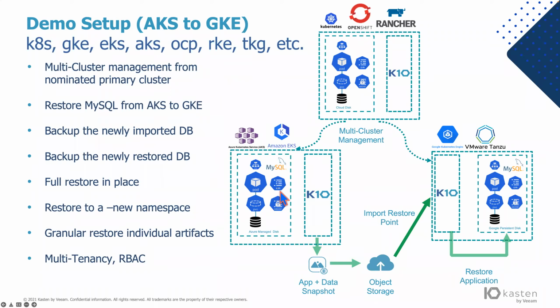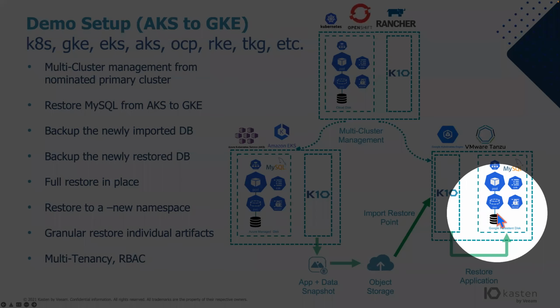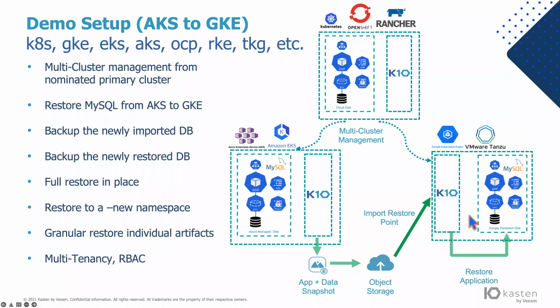And we allow you to easily migrate from one cluster to the other. It can be a one-time migration from AKS to GKE, or you might want to use another cloud as a disaster recovery site.